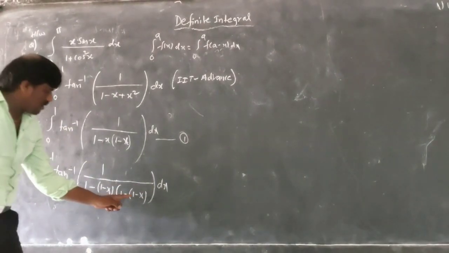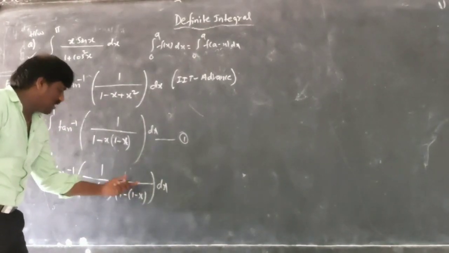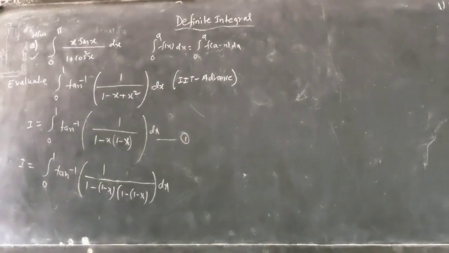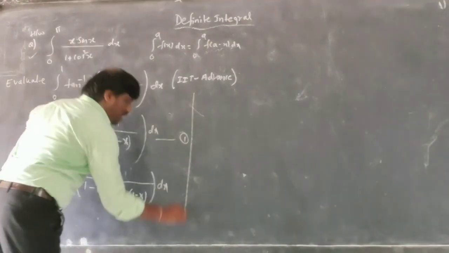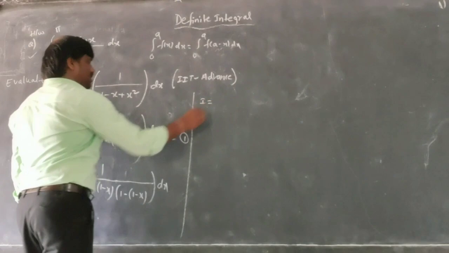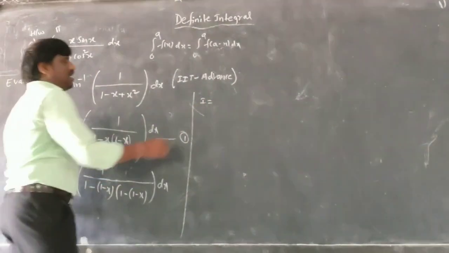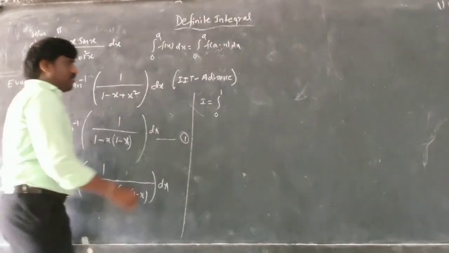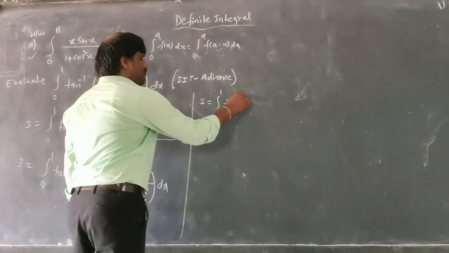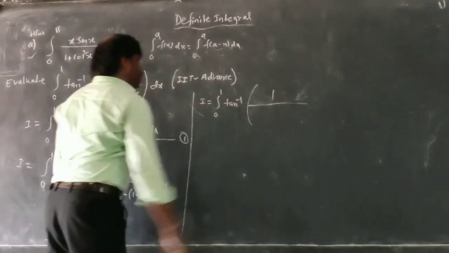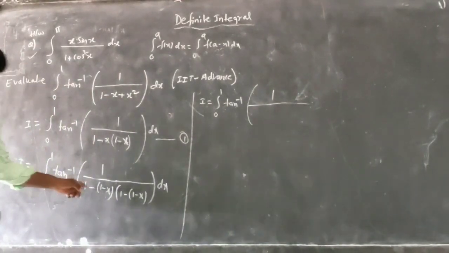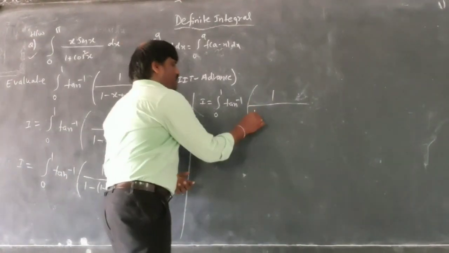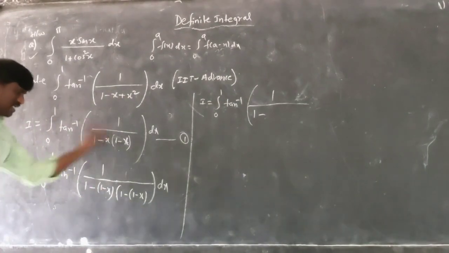Let us simplify this one. See what I get here, 1 minus 1 cancel, minus into minus plus x. So finally I is equal to integration 0 to 1 tan inverse 1 upon, what I am getting here after simplification, 1 minus, this is 1 minus x, correct?